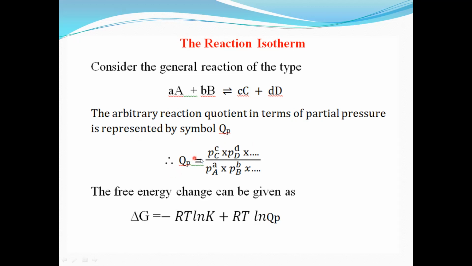Therefore QP is equal to PC raised to c into PD raised to d and so on, divided by PA raised to a into PB raised to b and so on.